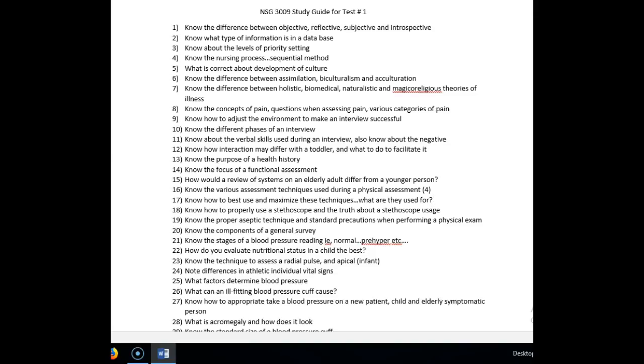I want y'all to know about nociceptive pain. Nociceptive pain being that pain receptors are stimulated from injury or trauma or body chemicals released at the site.